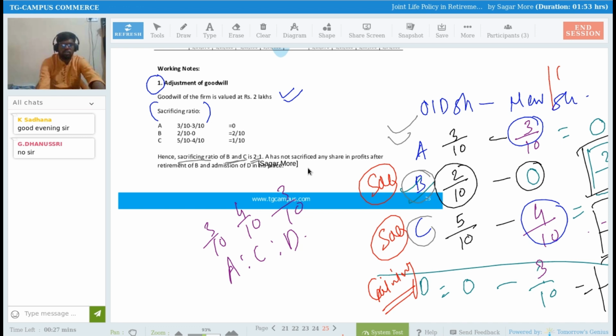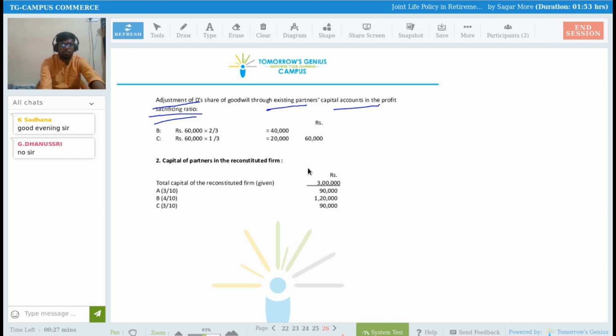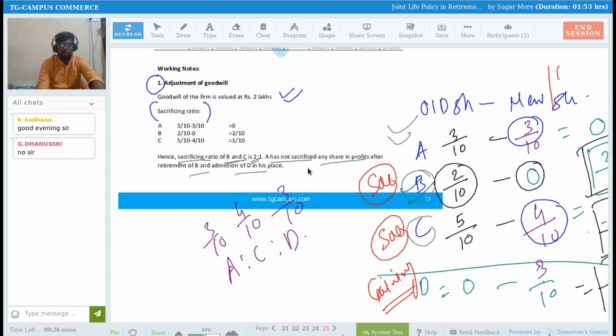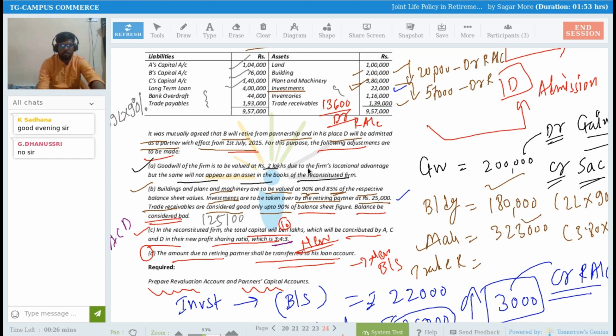It's 2:1. So A has not sacrificed any share in the profit after the retirement of B and the admission of D in his place, right? I will show you the answer directly. You will get clarity.